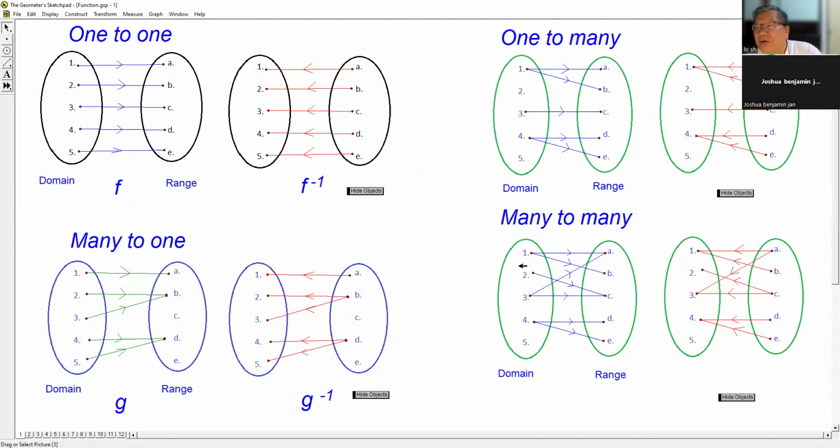One element corresponds to one element. Got or not? No. Then is this a function or not? No. So you see, if it is one-to-one, then it's a function. So this type, one-to-many, many-to-many, they are not a function. So you know what is a function and what is not.